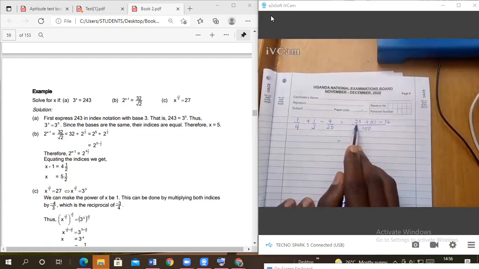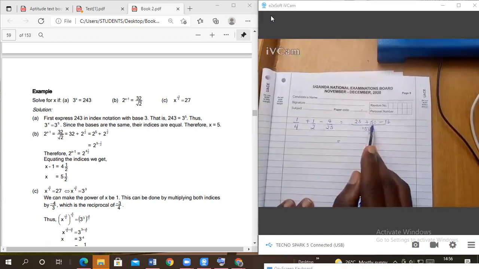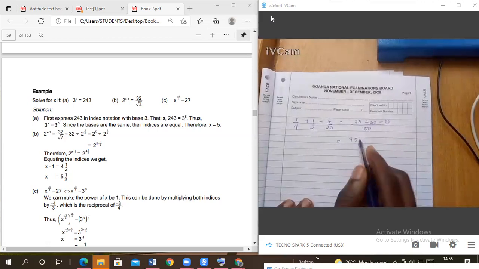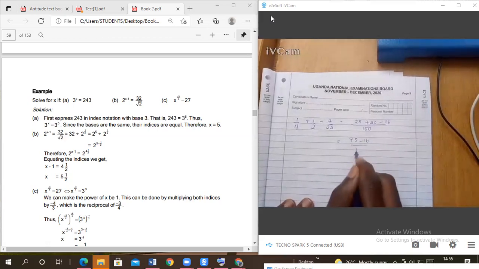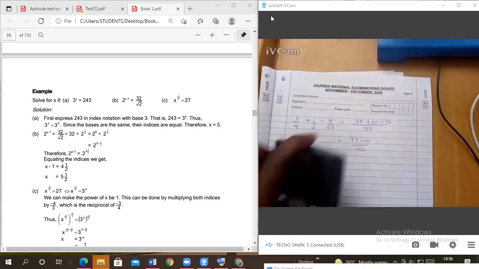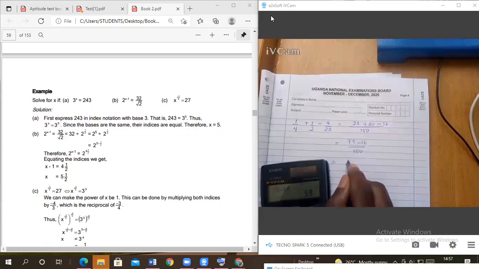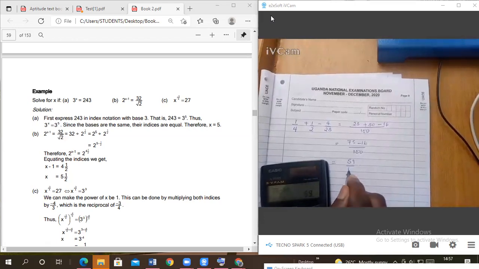So we have 25 plus 50, which will give us 75, minus 16 over 100. What is 75 minus 16? We get 59. So 59 out of 100.